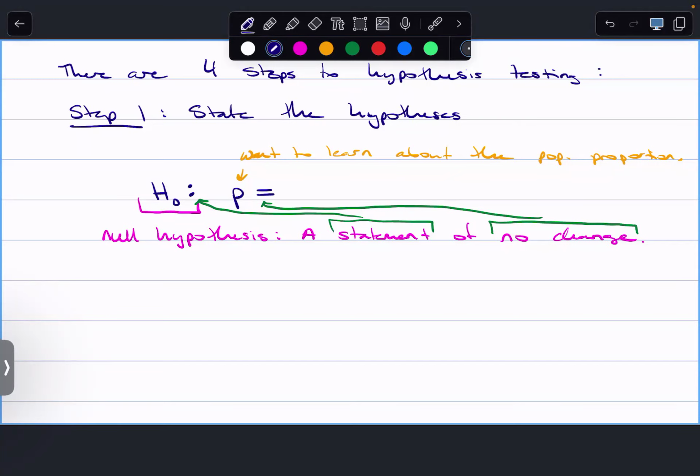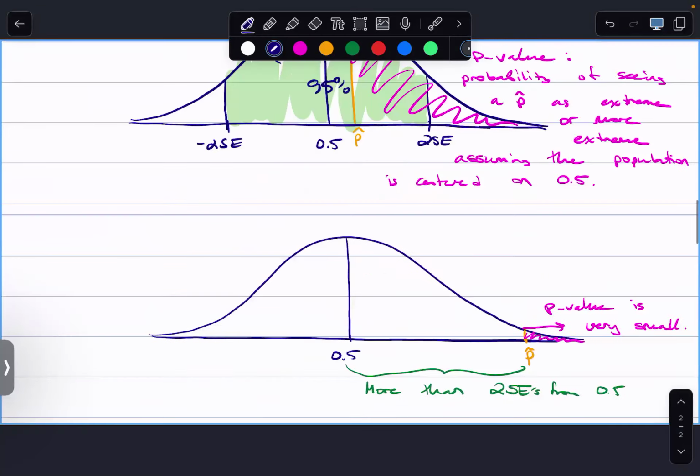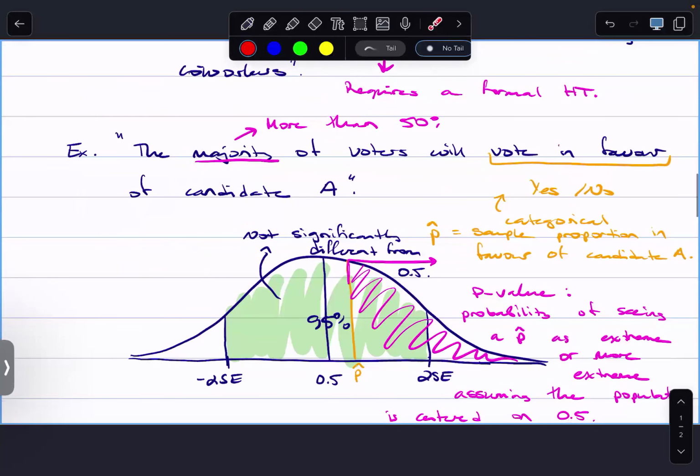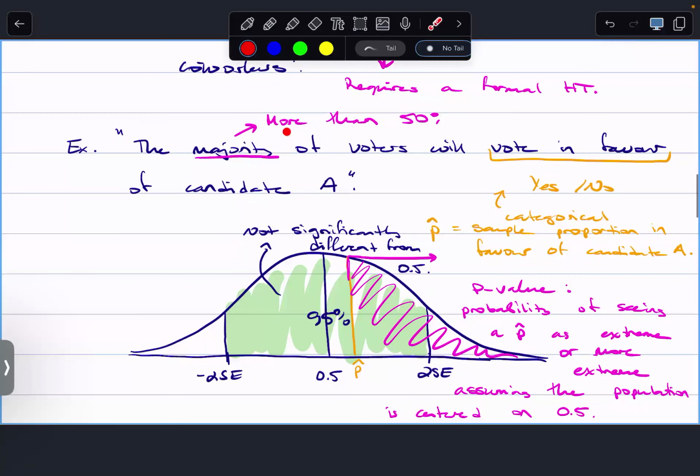Now, if we refer back to this example, if I want to prove that the majority of voters are going to vote in favor of candidate A, I want to prove that it's more than 0.5. But what I have to do in order to do that is to assume that it's 0.5, and establish that the probability of that happening is very small. And so it's more likely that it's more than 0.5. So usually the thing that we're trying to go for is the alternative hypothesis.